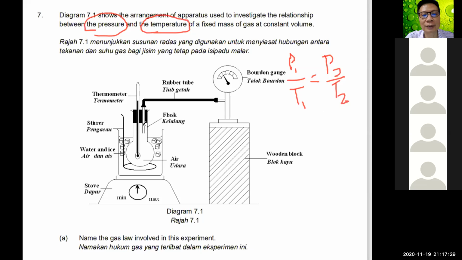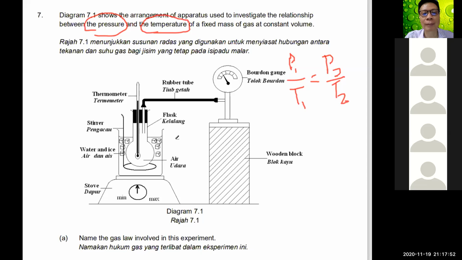Okay, come, now you see the question. You have this stove. The stove heats up the water. When you heat up the water, the temperature of the gas becomes higher. When the temperature is getting higher, you can see the pressure gets higher.